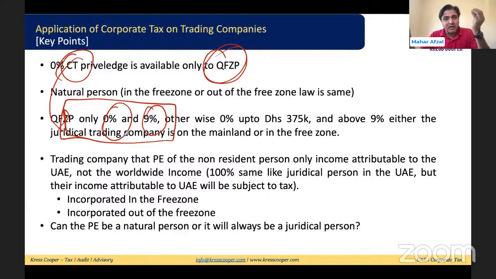Let me repeat: if someone is acting as an agent in an individual capacity for the non-resident person, will that individual agent be treated as a natural person, or as a juridical person? I am leaving this question for you. Maybe we'll discuss it in the upcoming webinar.